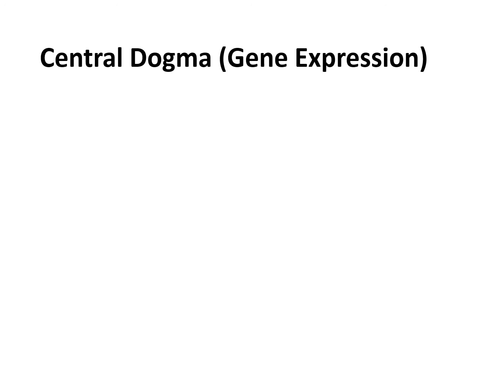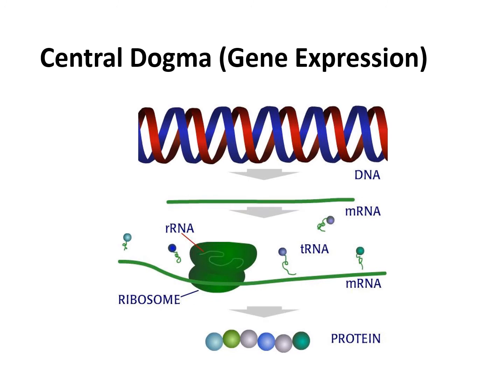The second major process that involves DNA is considered the central dogma, or sometimes referred to as gene expression. And this is where the information that is encoded in the DNA is expressed in the form of a protein. So this is an example of the process.